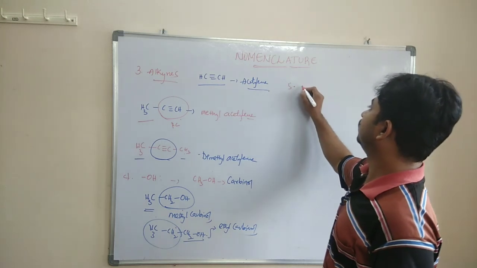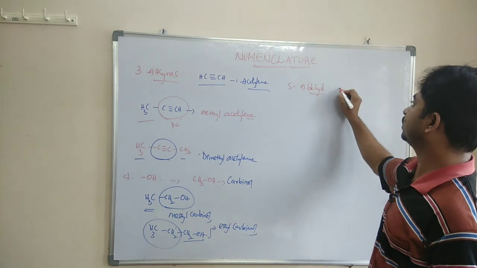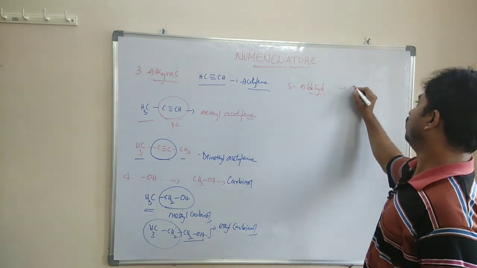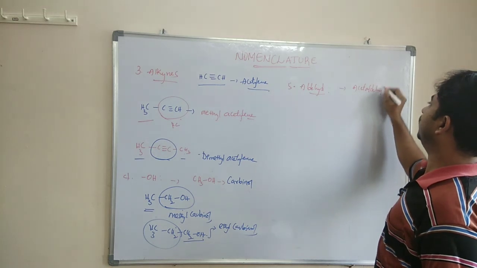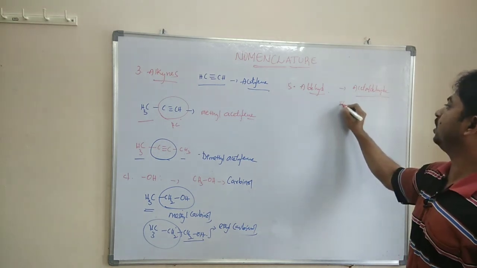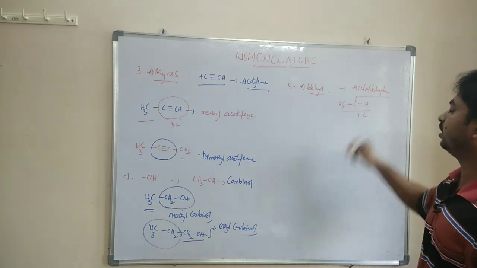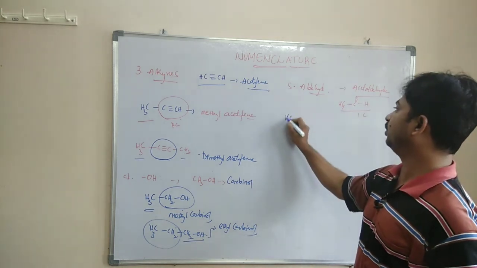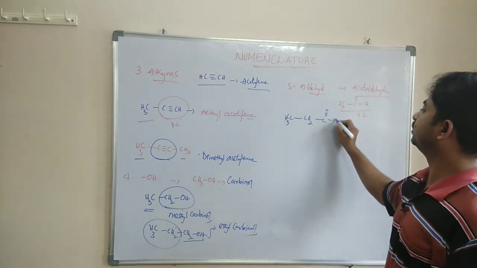Fifth one is aldehyde. The famous homologue of this category is acetaldehyde. The structure is CH3 C double bond OH. This will be the parent chain in the given structure. Example is CH3 CH2 C double bond OH.